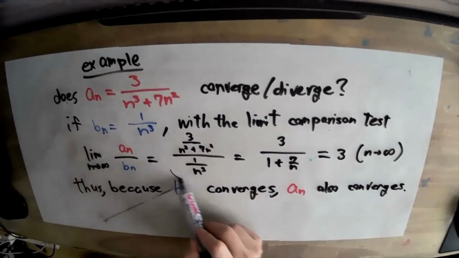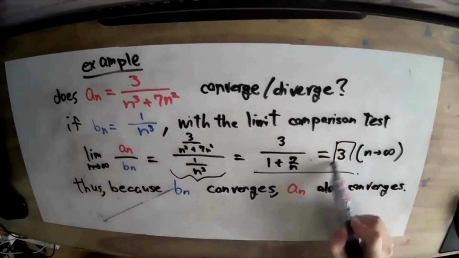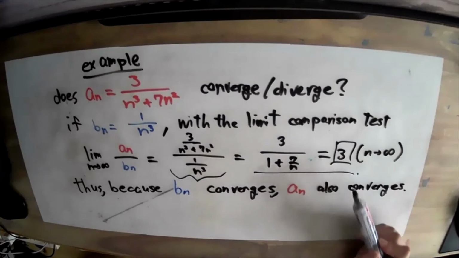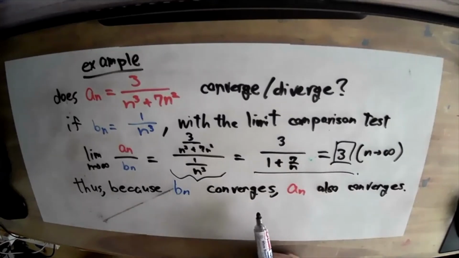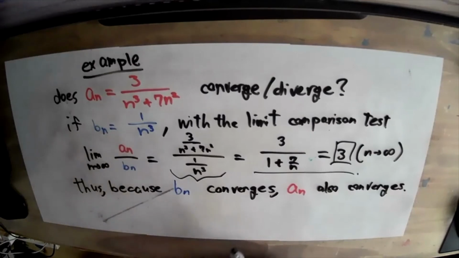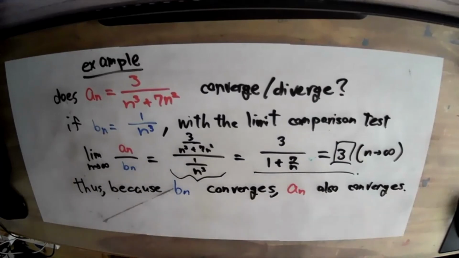And if we do that, we get the number 3 as our result. Because this is a finite number, and we know that Bn converges because Bn is equal to 1 over n to the third power, due to the limit comparison test, An has the same property, which means An also converges.